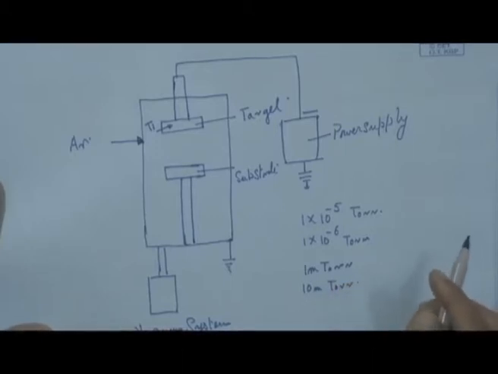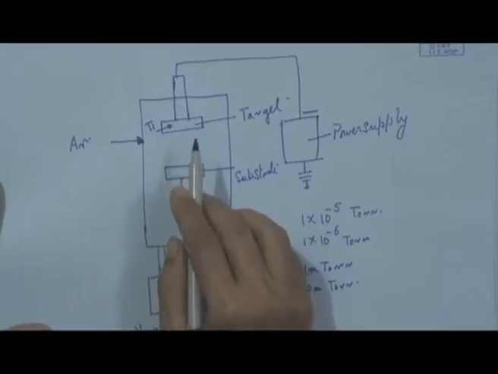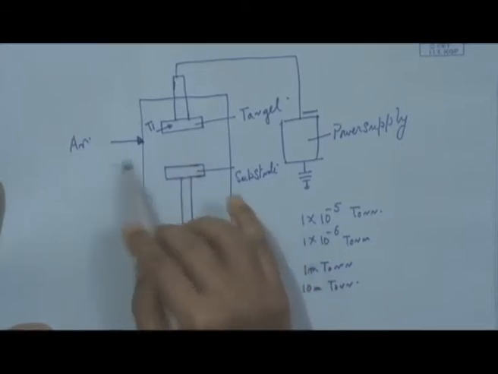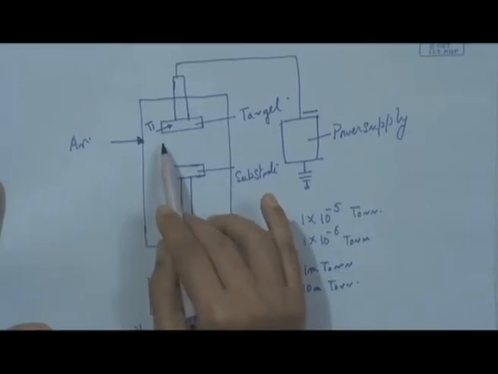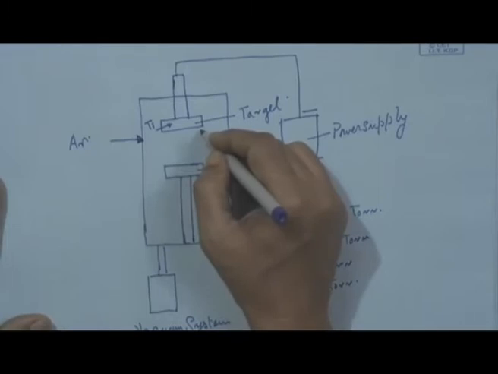In that case it is highly polarized, and there will be an electric discharge because of the electrons which are available on the surface of this target.